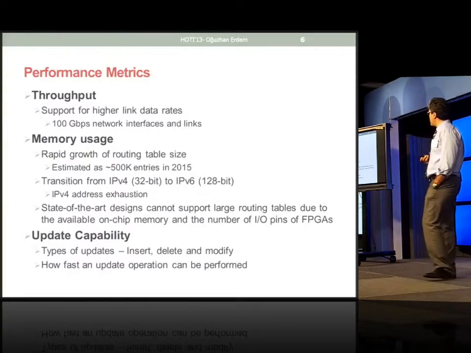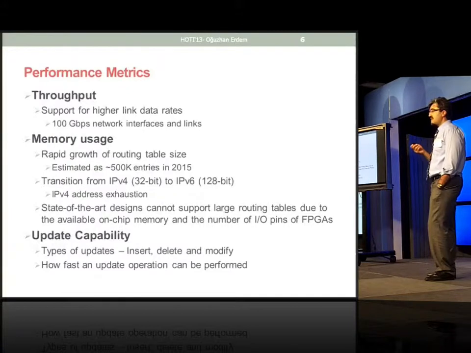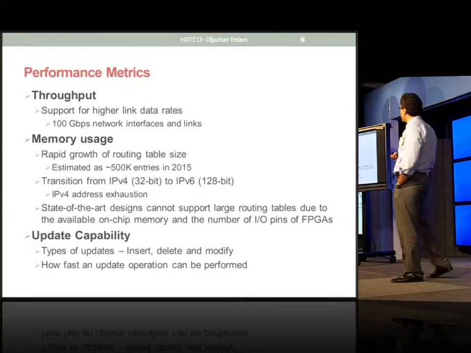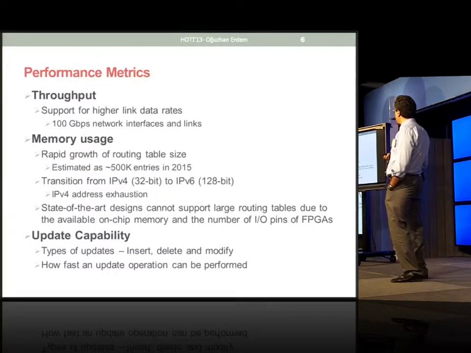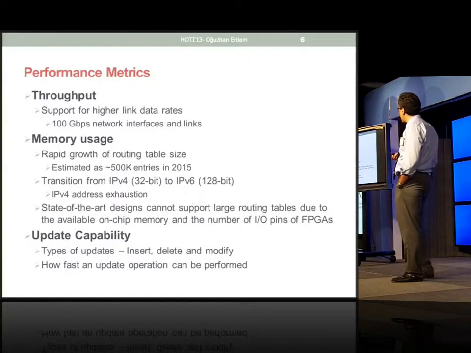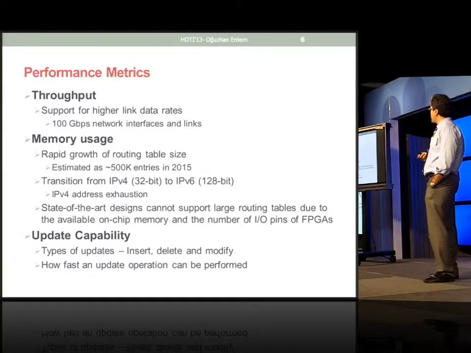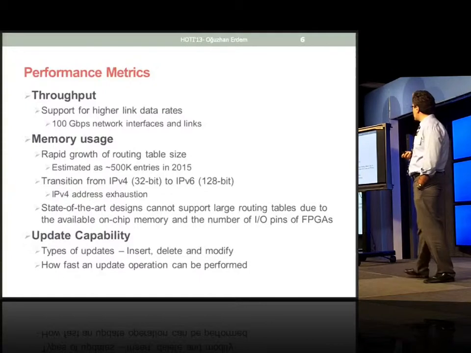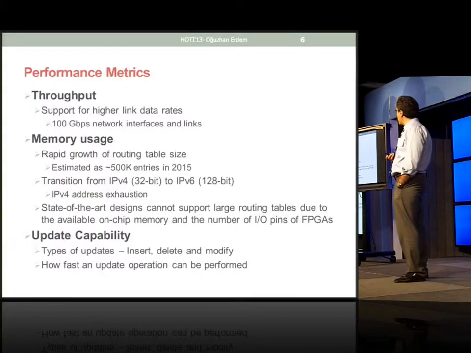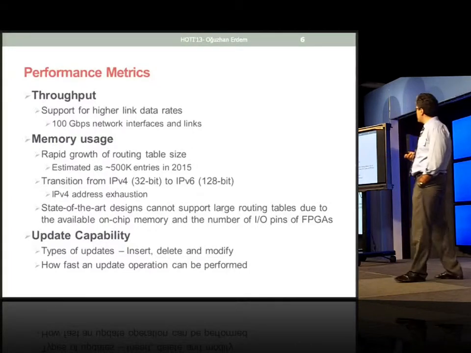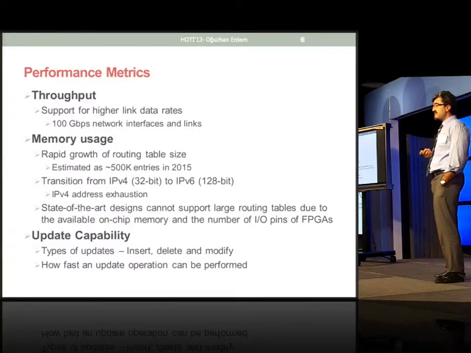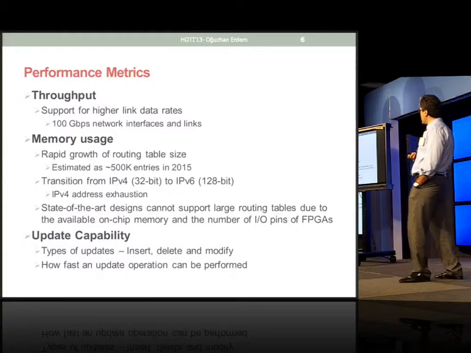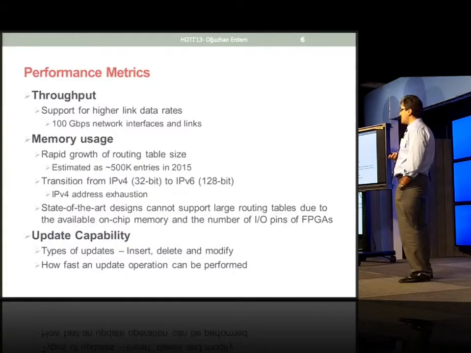On the other hand, we know that the size of the existing routing table is increasing very fast. With this growth rate, it's estimated that in 2015, the size of the core routing tables will be 500K. Due to the IPv4 address exhaustion, the IPv6 protocol has started to be deployed in the world.